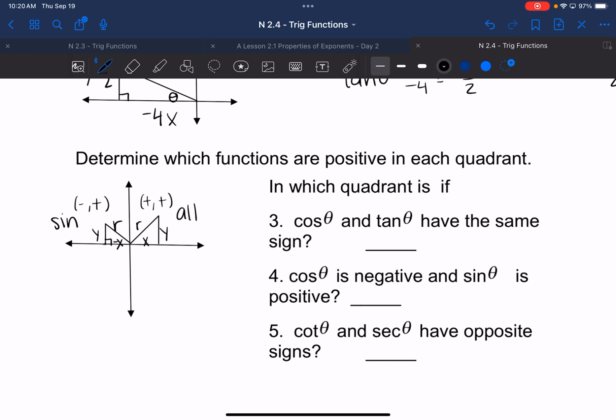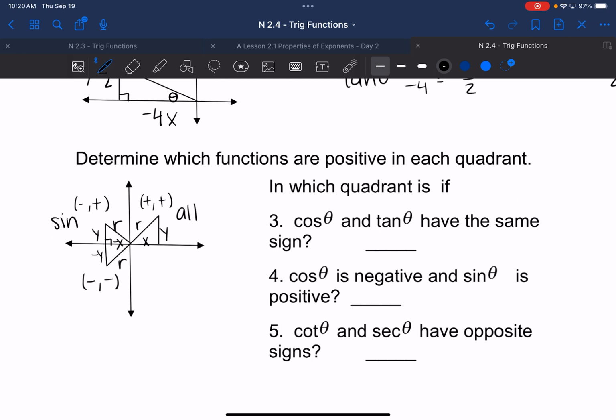In quadrant 3, if I were to draw my right triangle, like we already said, x is negative over here. What about y in quadrant 3? Negative. Also negative. But r is always positive. So we're going to have a negative x and a negative y. Sine has a negative y and a positive r, so it's negative. Cosine has a negative x and a positive r, so it's negative.